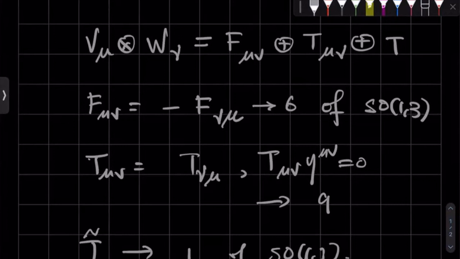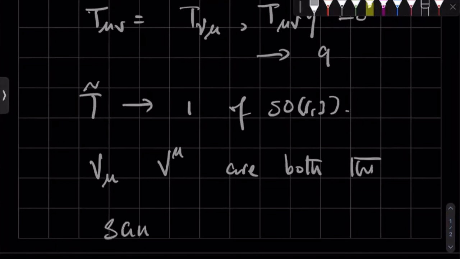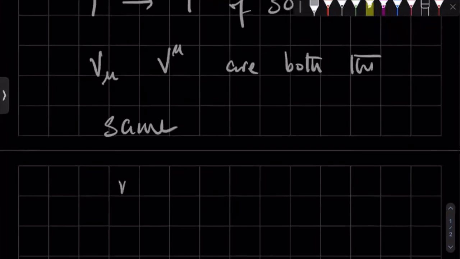And V mu upstairs and V mu downstairs are both the same representation. And we can go from one to the other by using one of the invariant tensors of the representation. And we saw that eta mu nu was an invariant tensor.